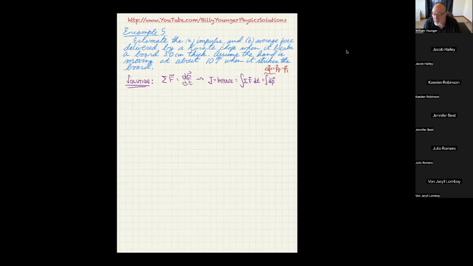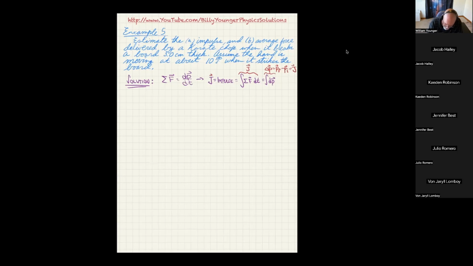So the impulse really is just the change in momentum. That's a perfectly reasonable answer for what the impulse is. Most people, when they tell you they want you to calculate the impulse, they're actually wanting you to calculate that thing. But that's also the impulse, so it's okay, right? So this also is the impulse.